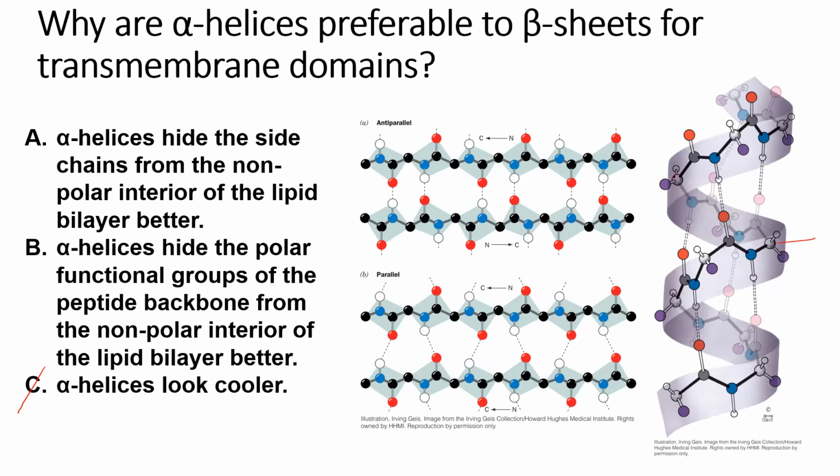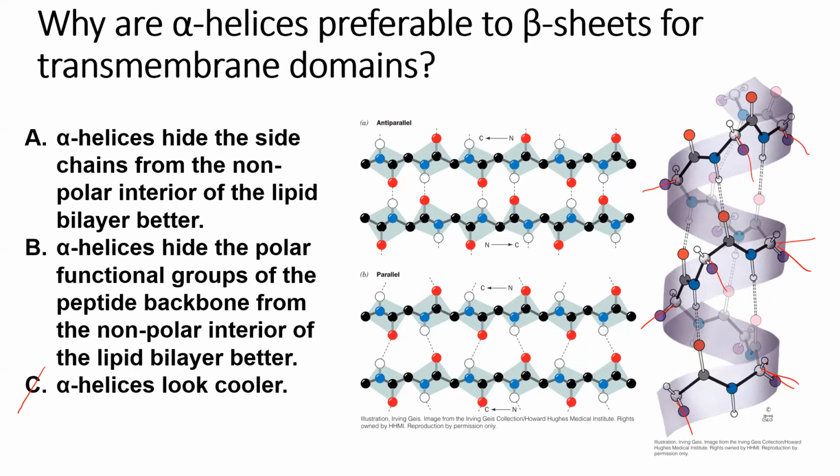These purple spheres on this diagram are going to stick out towards the outside. So the alpha helices really don't hide the side chains at all from the lipid bilayer.